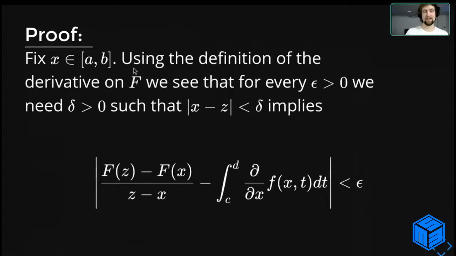So, using the definition of the derivative on f, we see that for every epsilon positive, we need a delta such that if its arguments are sufficiently close together, then it is sufficiently close to our proposed derivative. So if we can squeeze things together however we want, then in some sense we have pigeonholed this derivative function to be what we want it to be.